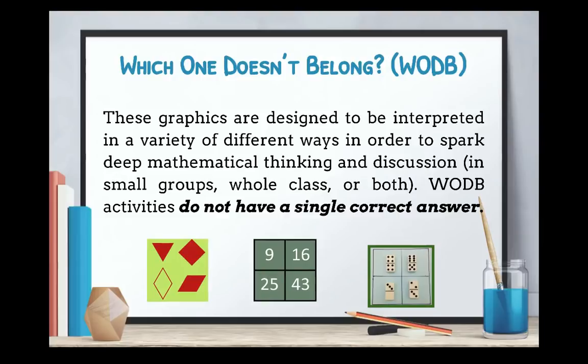These are designed to be interpreted in a variety of different ways in order to spark deep mathematical thinking and discussion. Which One Doesn't Belong activities do not have a single correct answer, so we need to make sure that they're open enough so that there is more than one way to see which one doesn't belong.